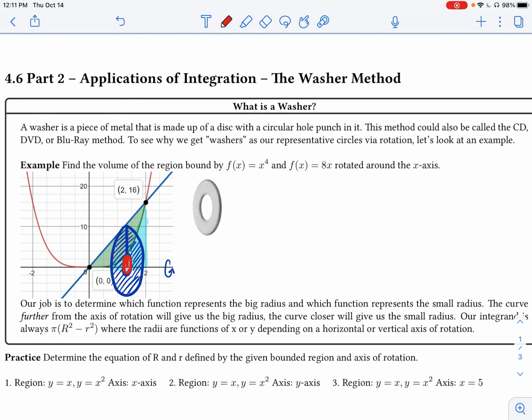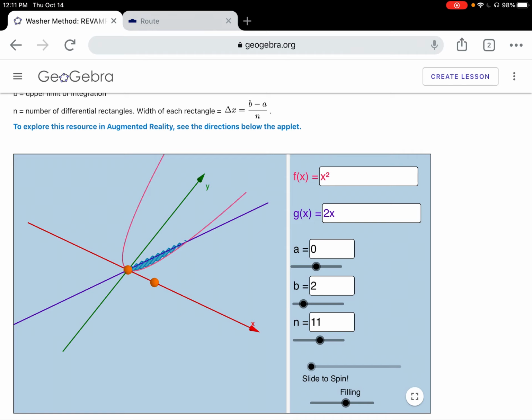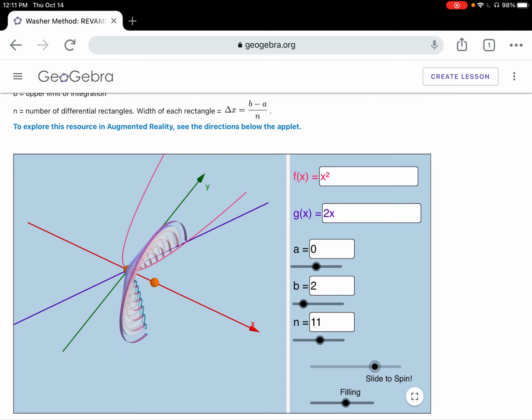And as I did in my previous lessons, I want to make sure that we are able to visualize this. So let me quickly pull up where I got my image of my washer here. I slightly adjusted the two functions, so x squared and 2x. As I rotate this about the x-axis, you can see that these disks are going to have a hollowed out region.